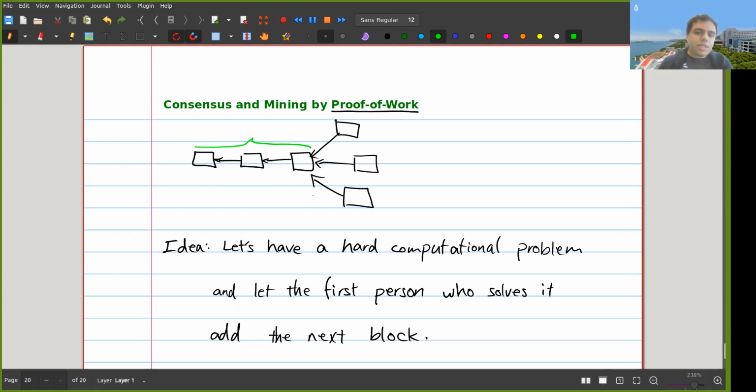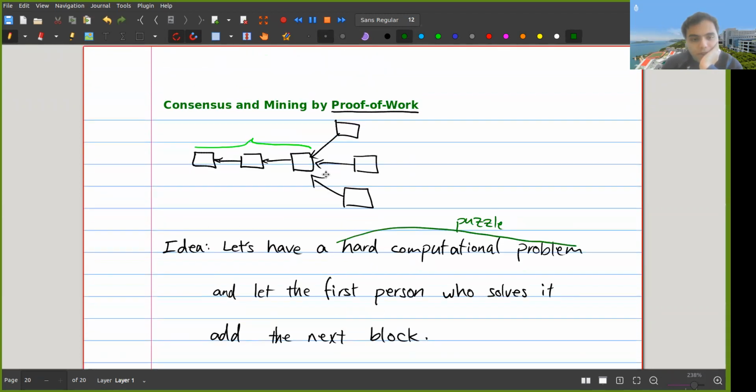The first person who can solve it can announce their solution and their block and say, hey, see, I'm the first person who solved this, so add my block to your consensus. Okay. Sometimes instead of calling it a hard computational problem, we just call it a puzzle.